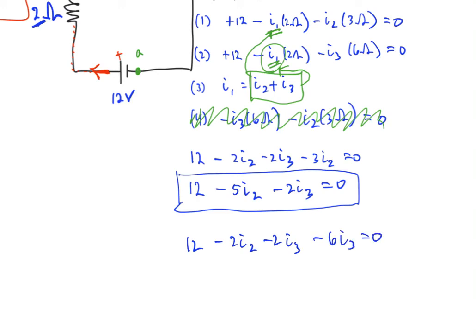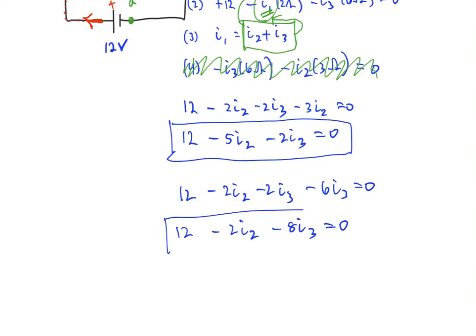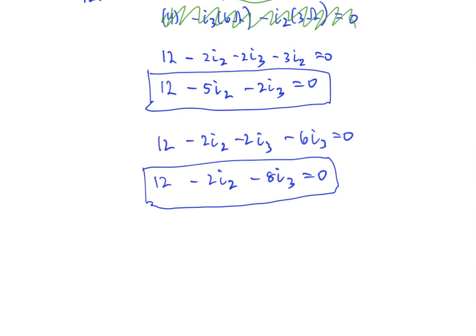And this is going to simplify to 12 minus 2I2 minus 8I3 equals 0. And now that I've reduced this whole complicated set of equations to two equations with two variables, I have to solve. Maybe the easiest way to do this is just elimination.